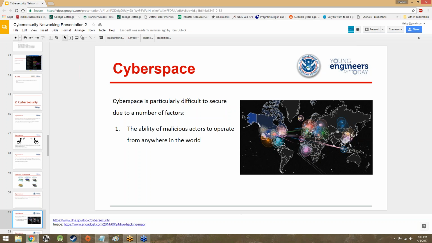You have to worry about things that are within your physical proximity, because those are the people who are going to be able to mess physically with your building and things like that. But that's not the case with cyber attacks and cybersecurity and cyberspace and things like that.